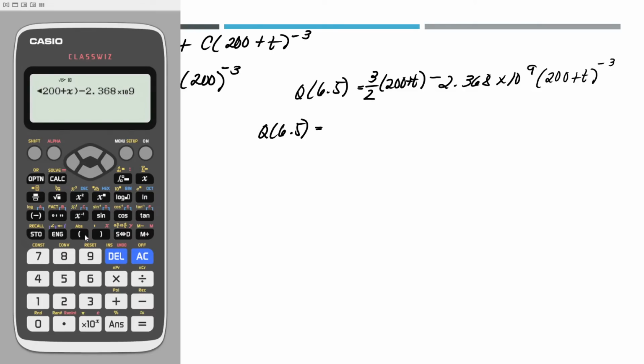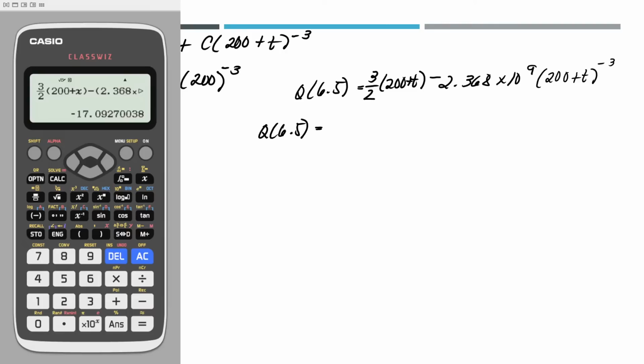Okay. Then, multiplied to, yan ko lang ng grouping para sure, pero sure naman yon. Ayan. So, multiply to 200 minus x raised to negative 3. Ayan. Okay? Then, just press calc. What's the value of x? No? So, that's 6.5.